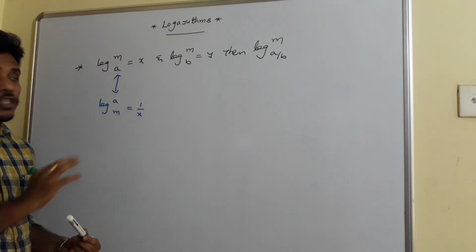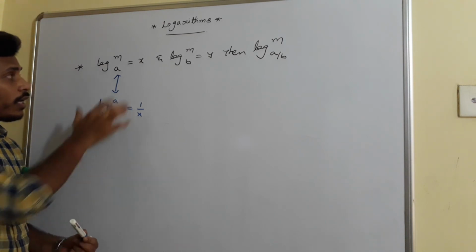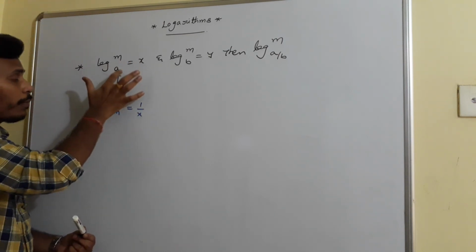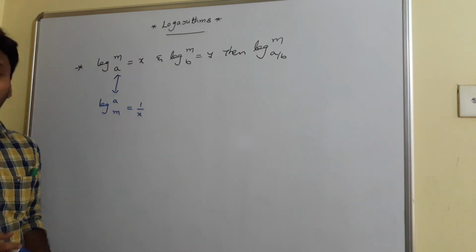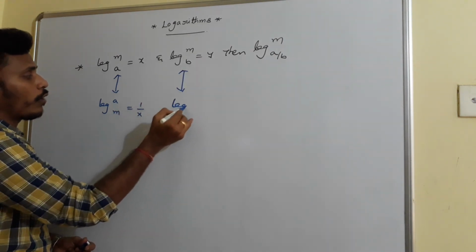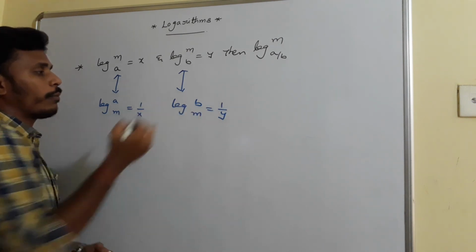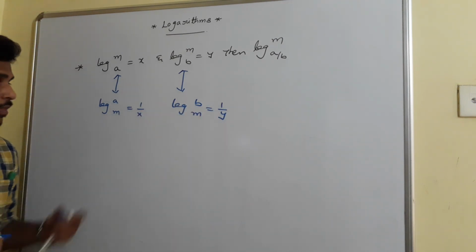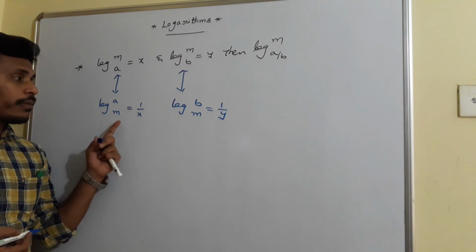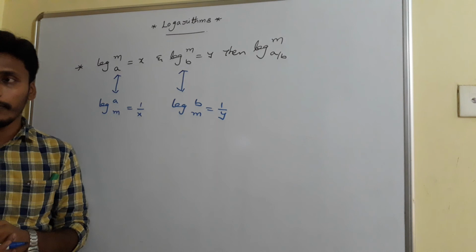So log m base a is equal to x, and if you take the reciprocal, x becomes 1 by x, m base a becomes a base m. Then logarithm of m base b also becomes logarithm of b base m is equal to 1 by y. Right? I have that logarithm of a base m is equal to 1 by x and logarithm of b base m is also 1 by y.